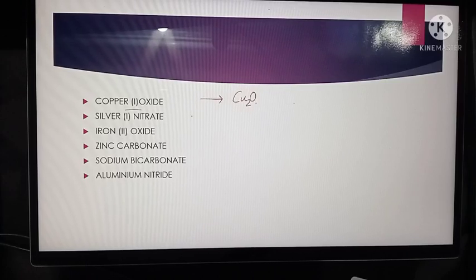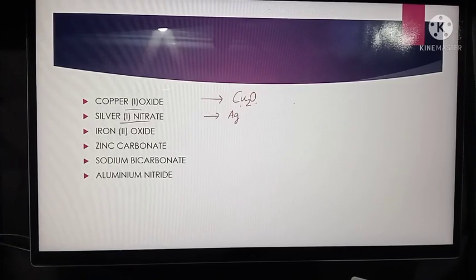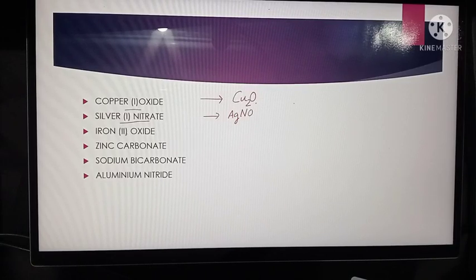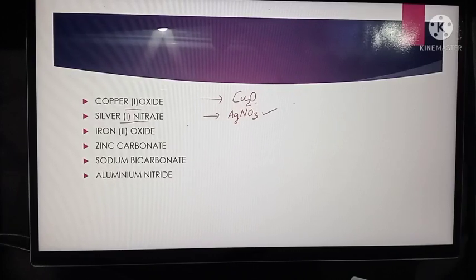So Cu2O. Next one, silver(I) nitrate. Silver is Ag, and it is +1, and nitrate is NO3, which is -1. Since both are +1 and -1, the formula is AgNO3.